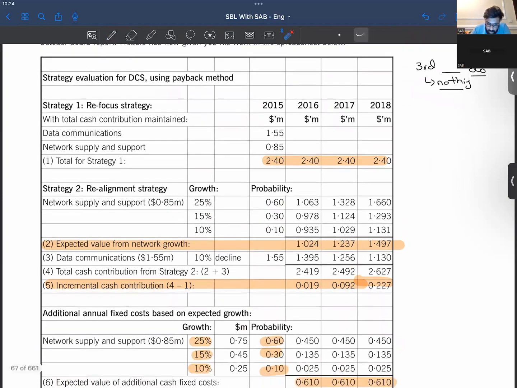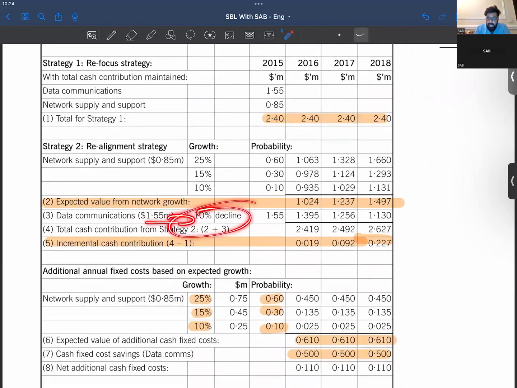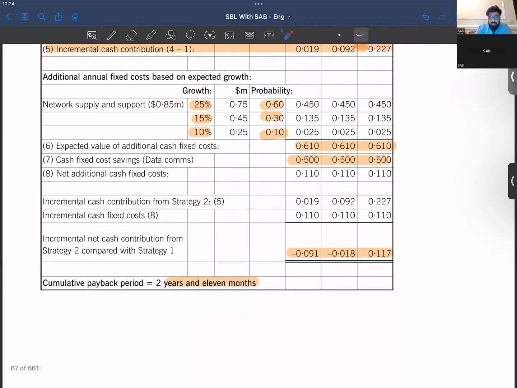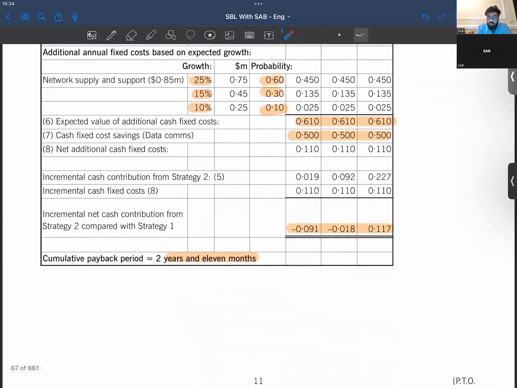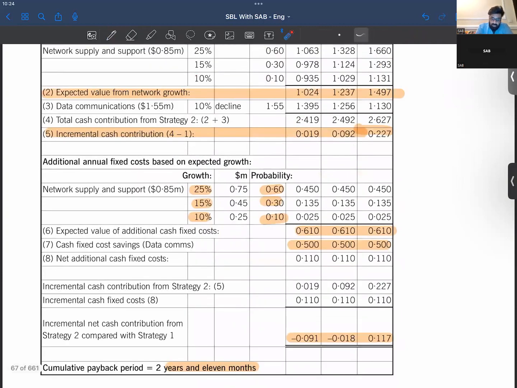You're challenging them: why have they assumed the 10% decline, any source for that 10% decline? You haven't got that. So these are the questions which you need to raise in this particular question, right?